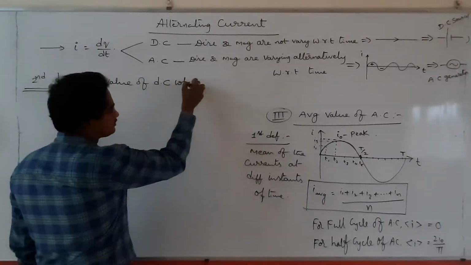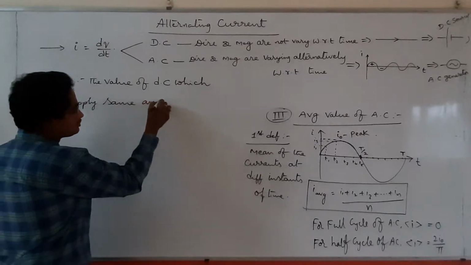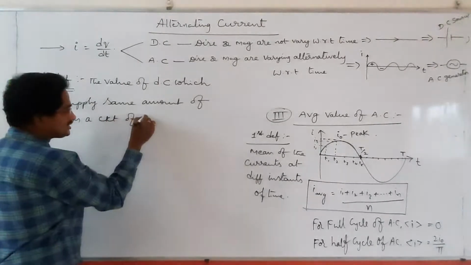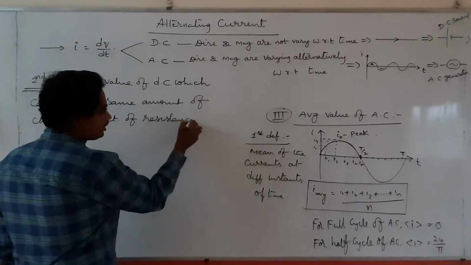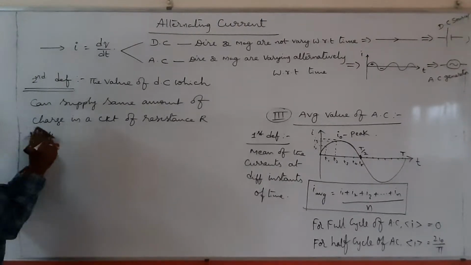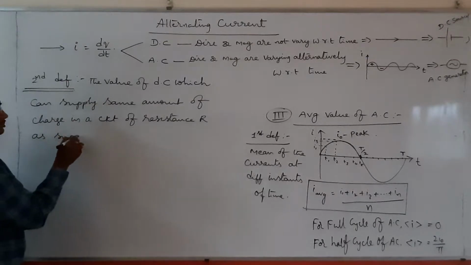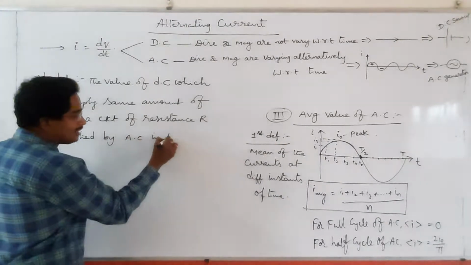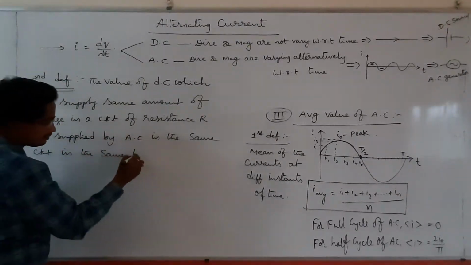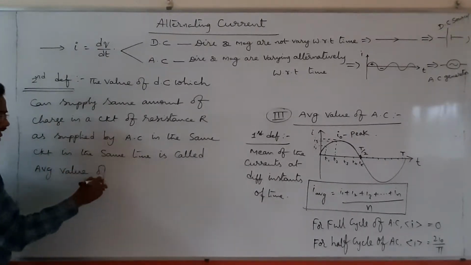The value of DC which can supply the same amount of charge in a circuit of resistance as supplied by AC in the same circuit, in the same time, is called the average value of AC.